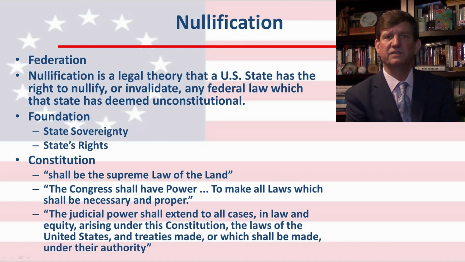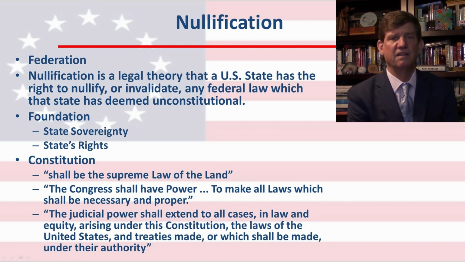But when faced with the situation, Congress, under the Constitution, has the authority to make laws which it shall deem necessary and proper. So if the House of Representatives passes a law, if the Senate agrees with the law, if the President signs it into law, and the Supreme Court decides that it's not violating the Constitution, then the federal government has that power to confront all situations which it deems necessary and proper.